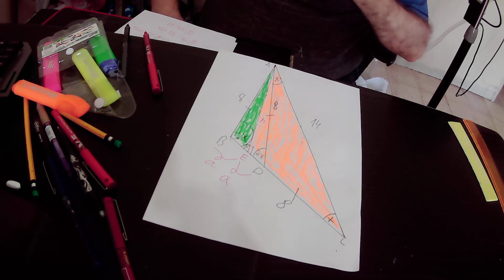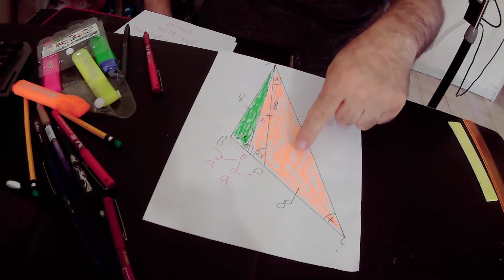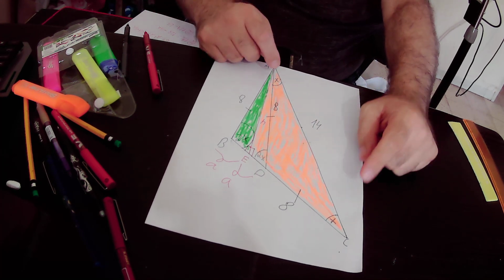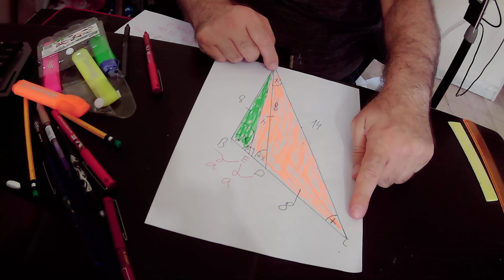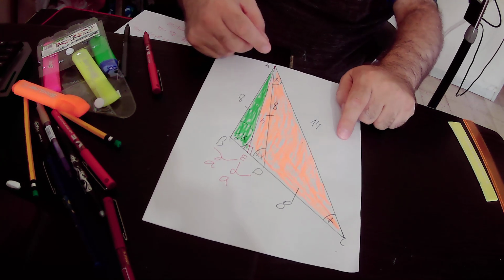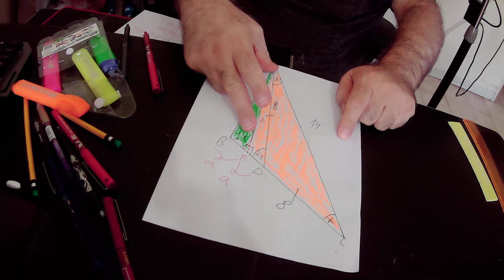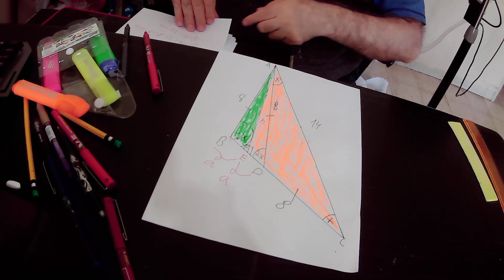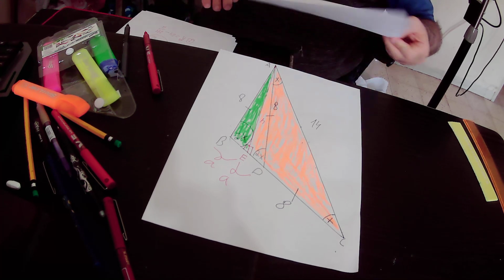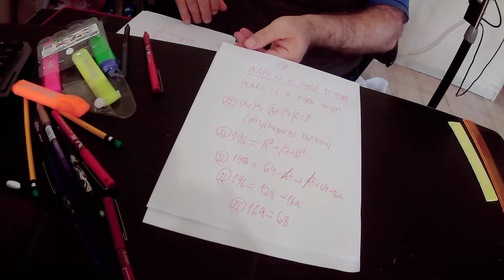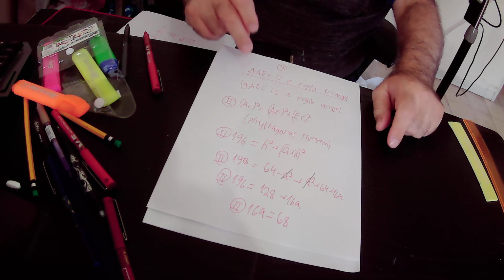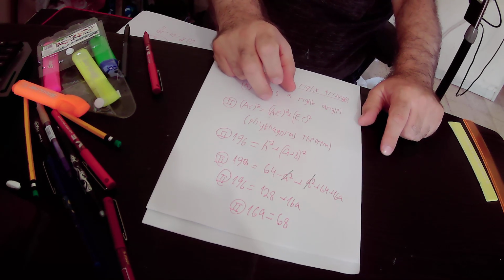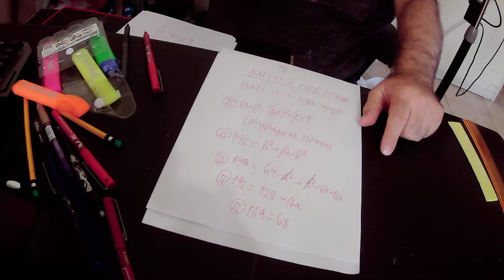Therefore, we can implement the Pythagoras theorem in the orange triangle AEC, which states that the square of the hypotenuse, that is AC square, equals the sum of the squares of the perpendiculars, equals AE square plus EC square.